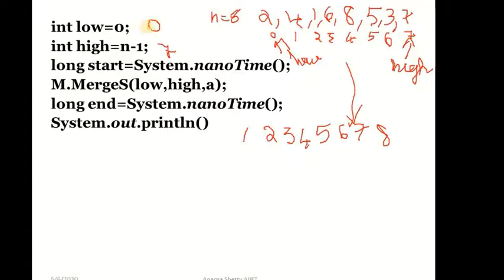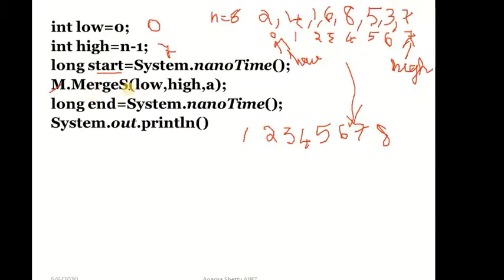Now, once I have initialized low and high, first I calculate the start time. I will find out the current system time before starting the sorting, before I call merge sort to sort this array.